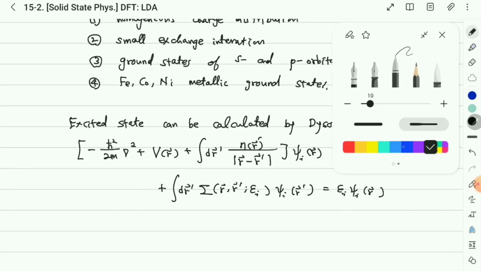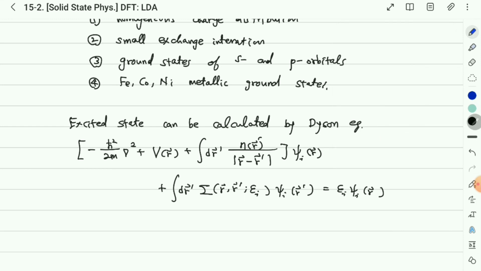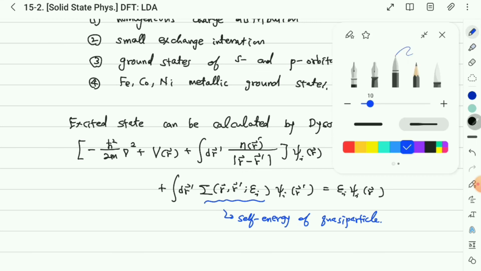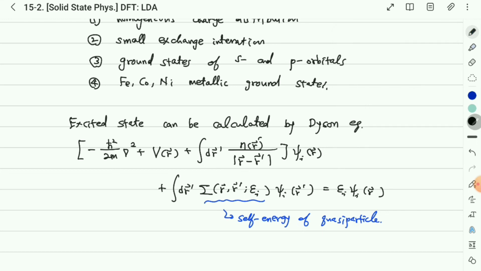Here we do not know it in detail, but anyway, we call this the self energy of the quasi-particle. And this self energy is a kind of exchange interaction potential.